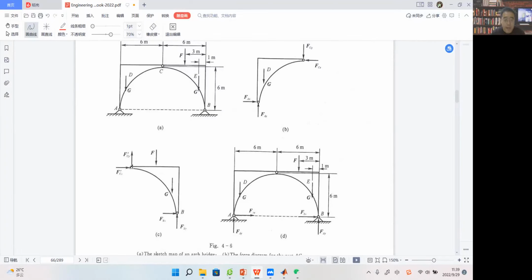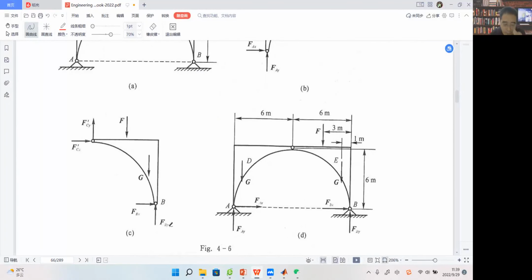Actually we only need to remove two constraints at point C and point B. Because point B is constrained between the frame and part BC, it is a fixed support. So we give FBY here, FBX here, just to denote the action from the frame to part BC.